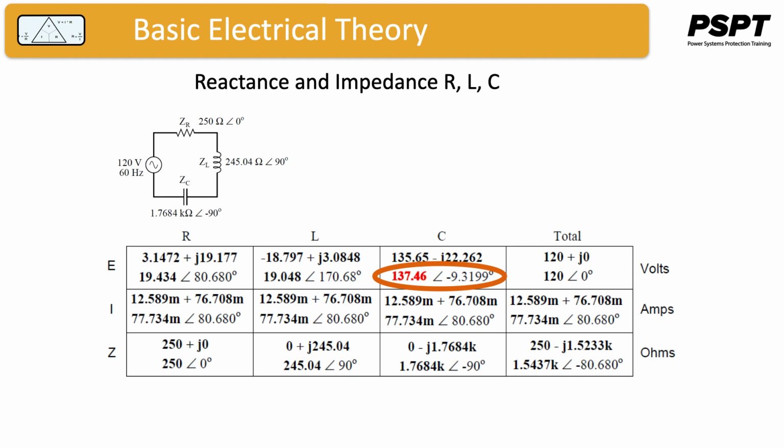Now, the theory and the way this happens is the subject of another lesson. However, you don't have to worry about it if all you're wanting to do is calculate the voltage drops and the currents. The math looks after that for you.